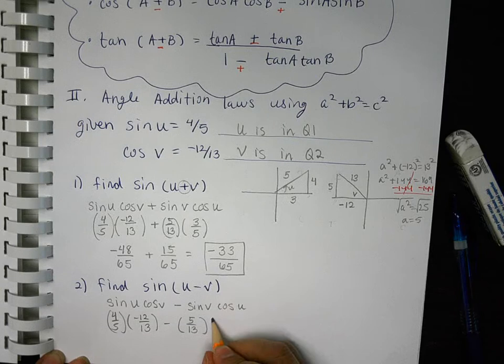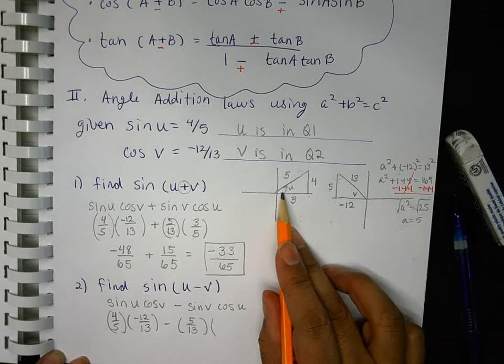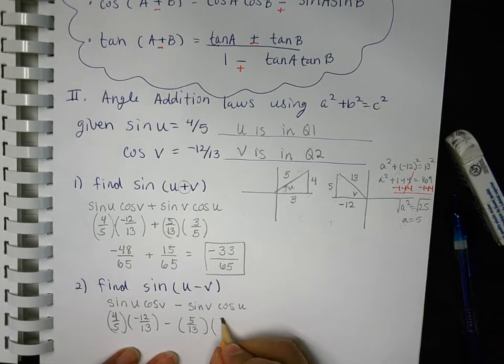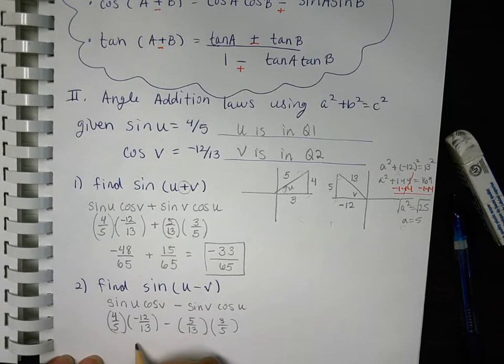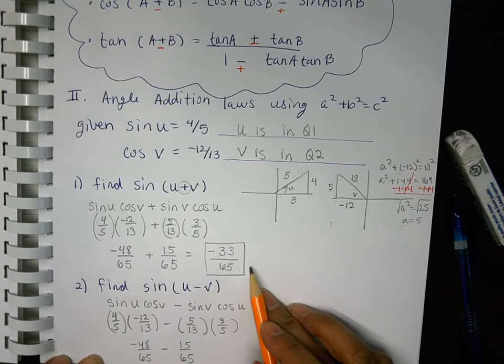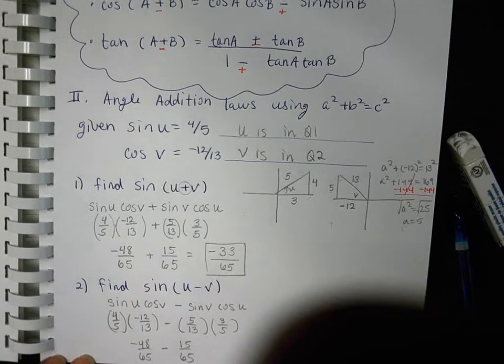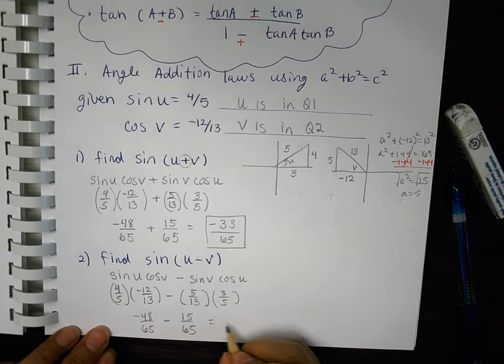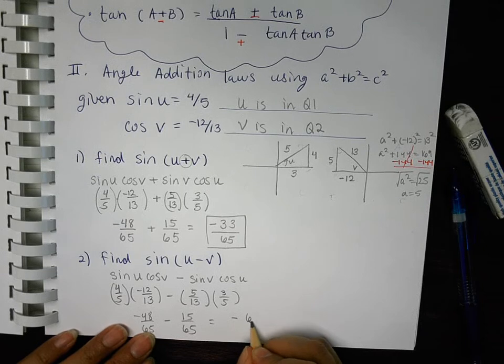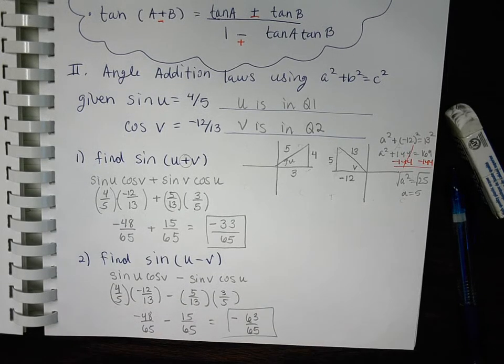And then cosine u is what? All right, so that gives me negative 48 over 65. Take away 15 over 65. Same answer as the last one or a different answer? So it comes out to be negative what? Over still 65? All right, questions?